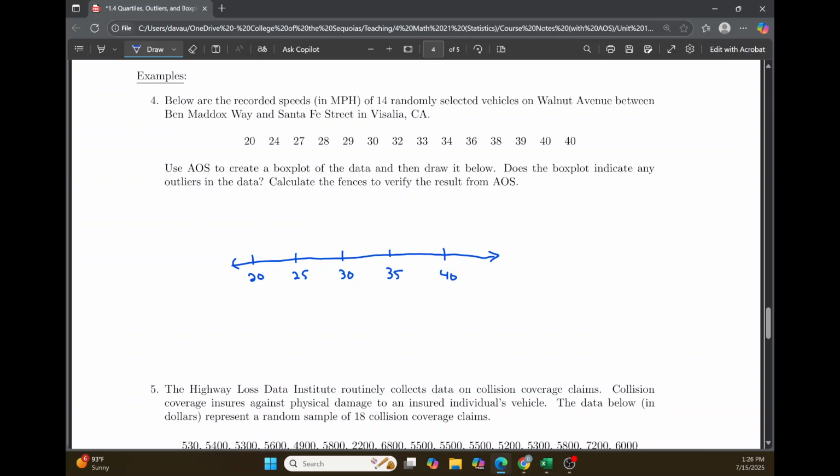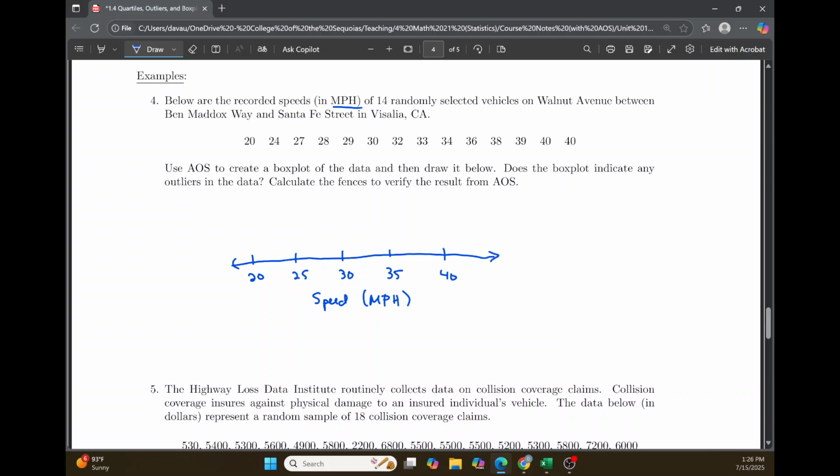It's good to label your graphs. These numbers represent speeds in miles per hour, so I'm going to label that speed in miles per hour.